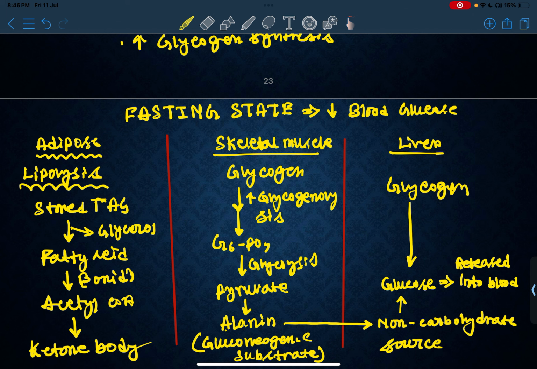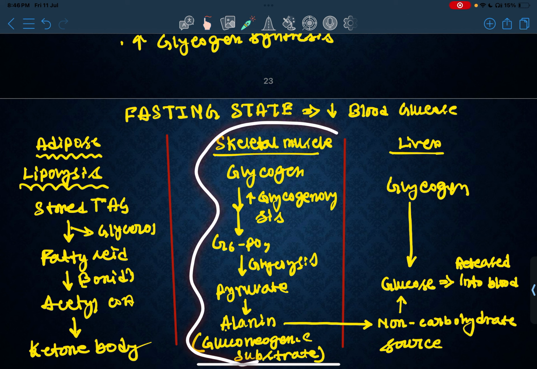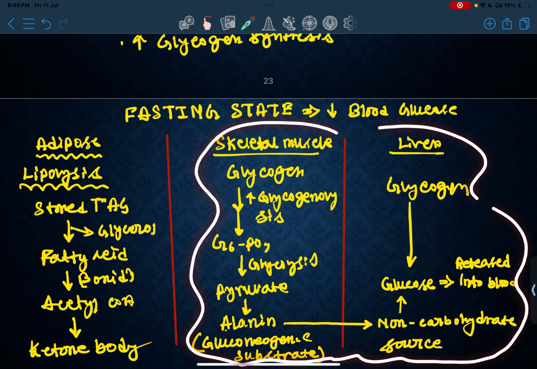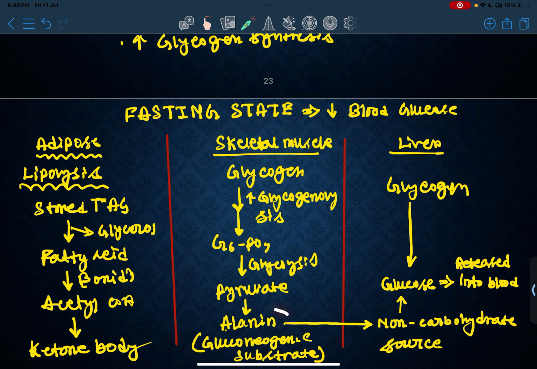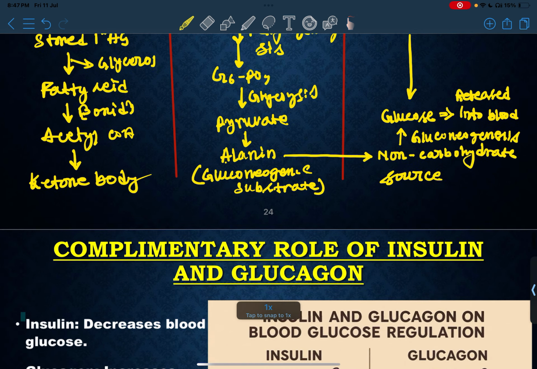So you can see the whole pathway here, which is connected with the liver and skeletal muscle. Gluconeogenesis is happening here, and the non-carbohydrate source alanine is converted to glucose and released into the blood.